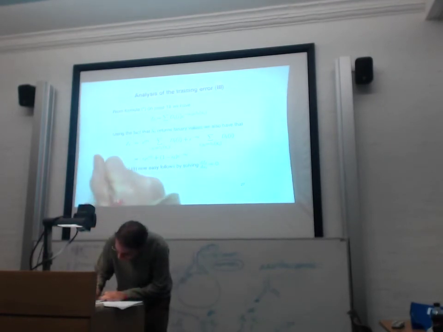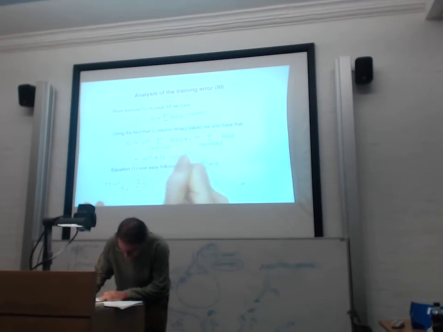Recall that epsilon t is our weighted training error. So epsilon t is the sum from i equals 1 to m over m examples of our weight D_t(i), times whether we got the example right or wrong.